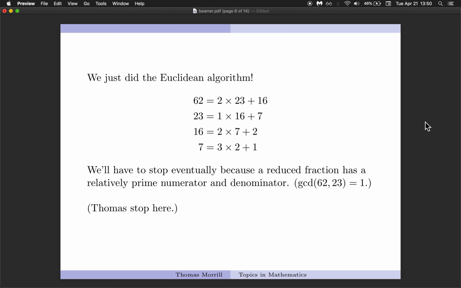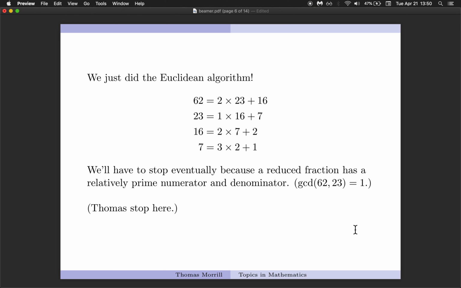At every step of the way, I'm asking, how many times does my previous remainder go into my previous denominator? And that's exactly the same thing that the Euclidean algorithm is doing. That's exactly the same kind of question. It's exactly the same steps I would be using to calculate the GCD of these two numbers.